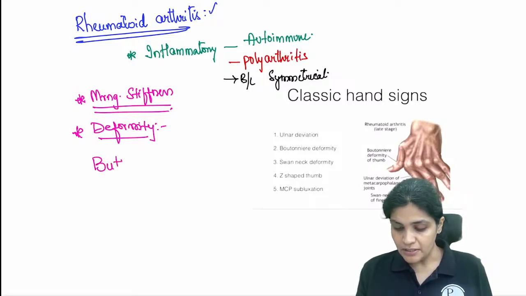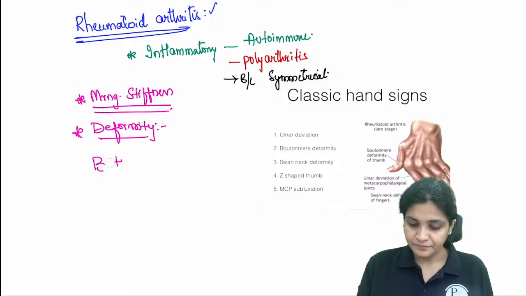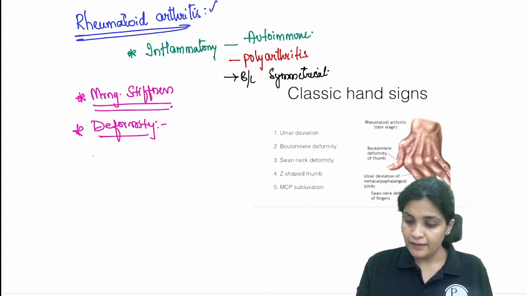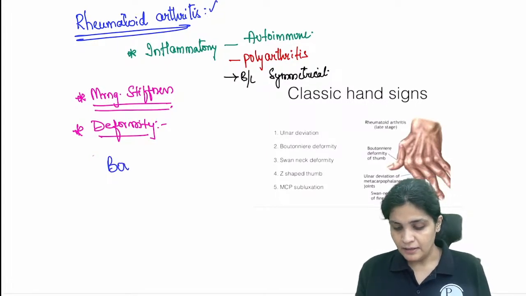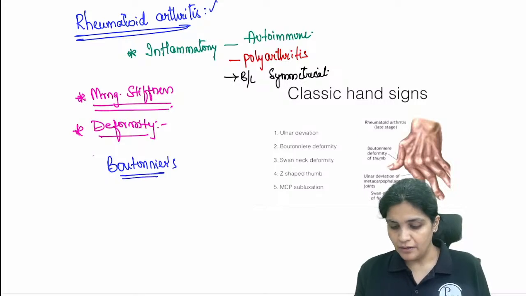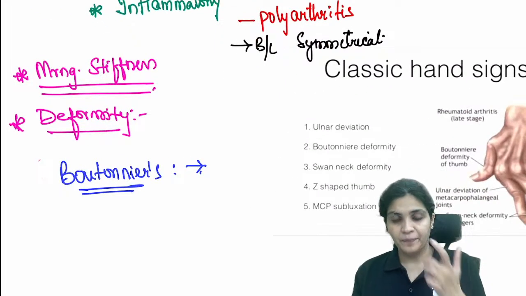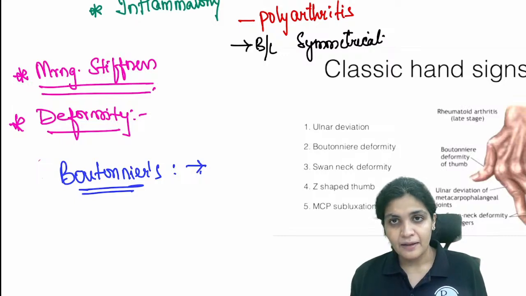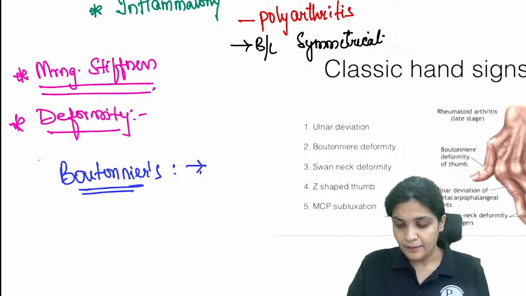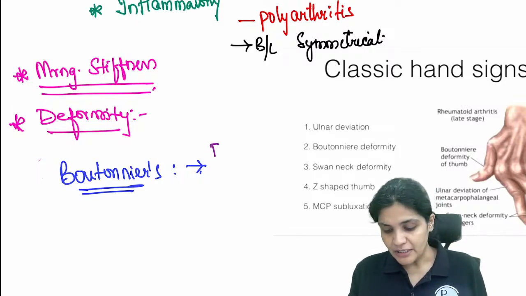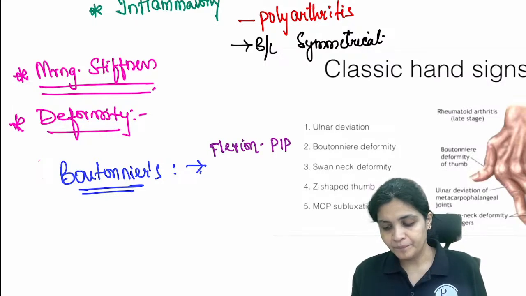Boutonniere deformity is what? Where there is flexion in the PIP, right?